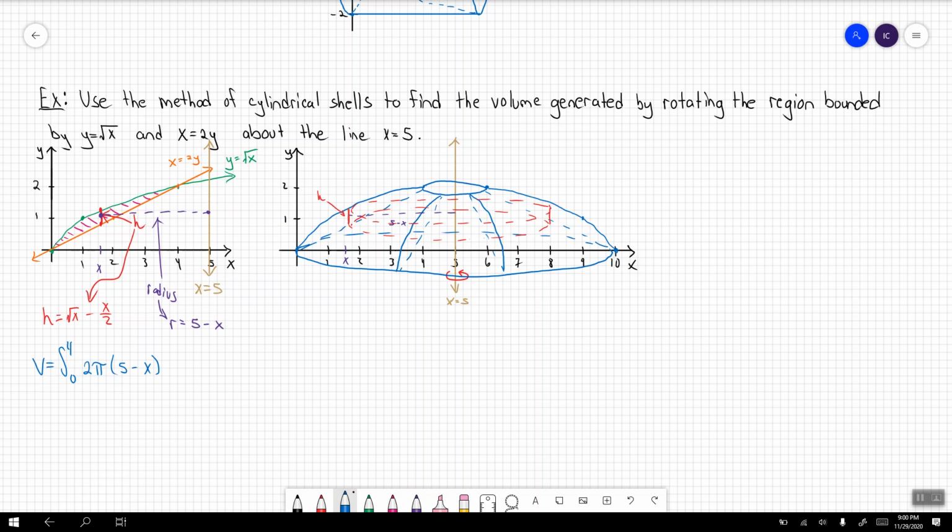Now we need to multiply by the height. The height in this particular instance is going to be top minus bottom for these functions. Top is the green function, so that's square root of x, minus the bottom function, x is equal to 2y, but we need to solve this for y, which means y is equal to x over 2. So therefore, my function is the square root of x minus x over 2.